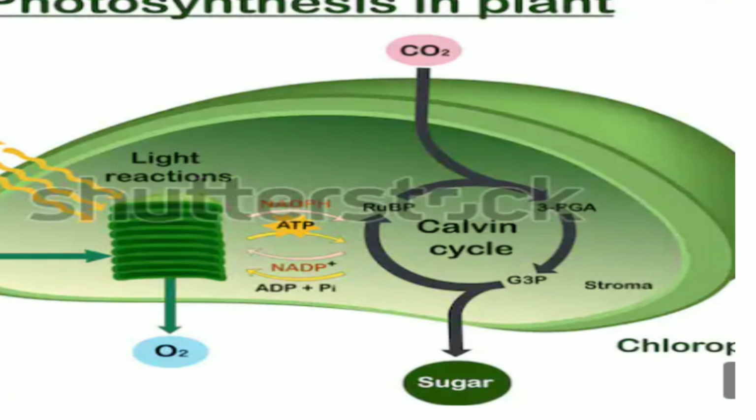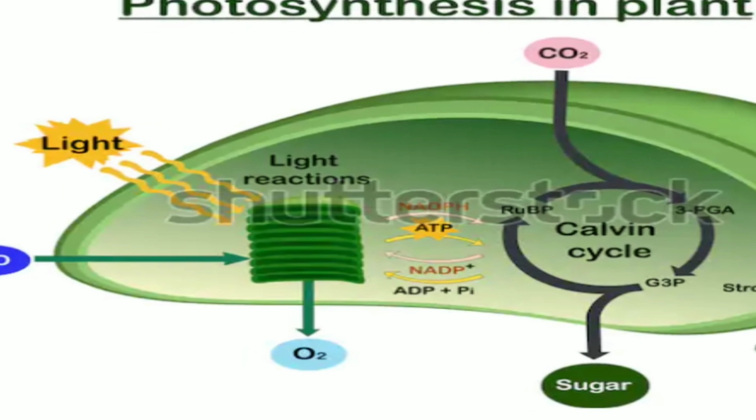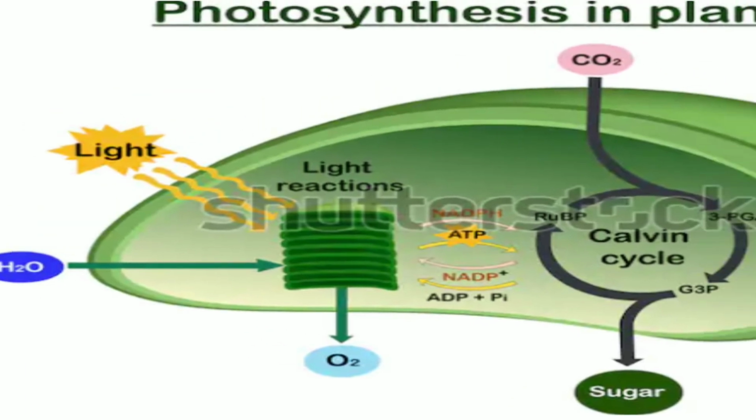This entire process is going on inside the stroma of the chloroplast, and inside the thylakoid, which we can refer to as a grana, the light reaction occurs: the capturing of solar energy and conversion of the solar energy into chemical energy in the form of ATP, along with the liberation of water molecules and also oxygen.